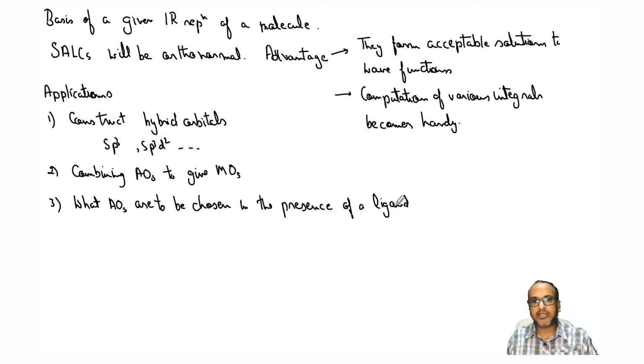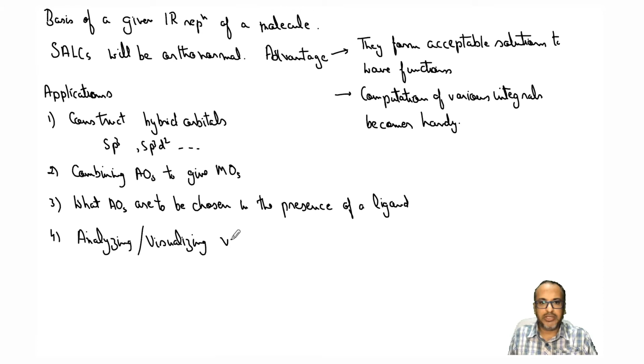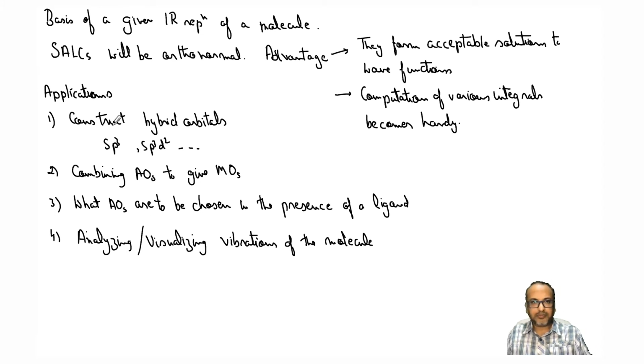So when a ligand is coming to form a bond with a central metal atom, what kind of atomic orbitals are to be chosen to make or facilitate this bond? All these combinations are decided by symmetry criteria, and we'll see how SALCs are helpful for all of this. Similarly, when we are analyzing or visualizing vibrations of molecules, in that case also SALCs will be highly useful, right?